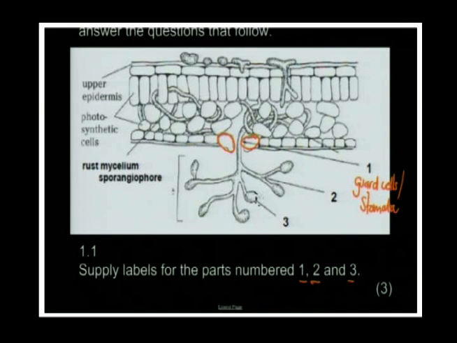Label number 2 is pointing to the stalk, and if you look at the stalk, it's got sporangia at the end. Therefore, label number 2 must be a sporangiophore. And as mentioned, you can see there how it's bursting open.